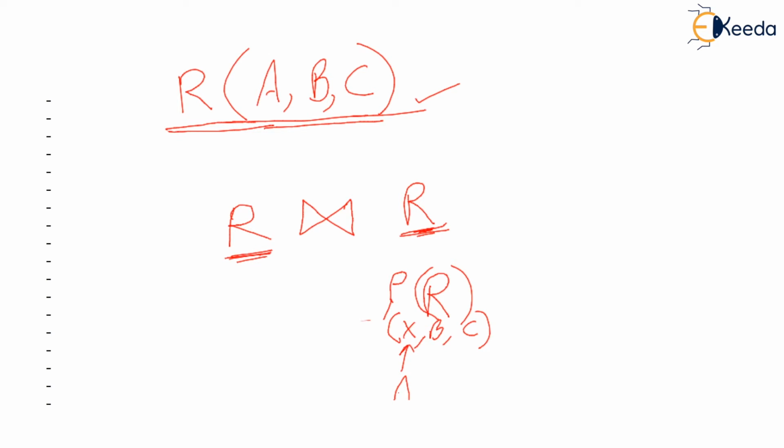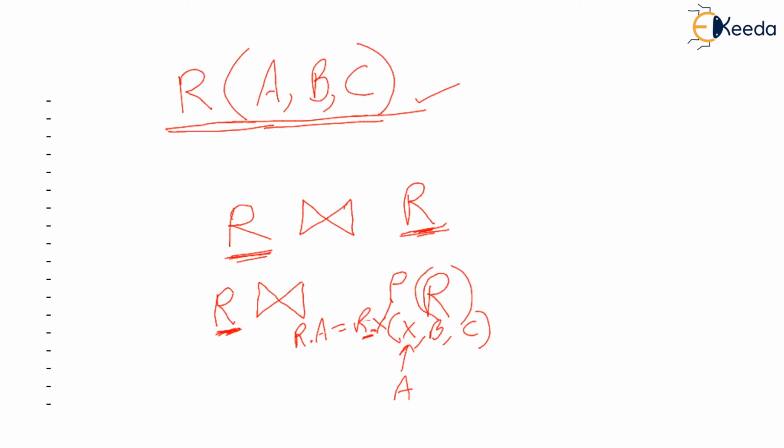So this left hand side R has column names A, B, C itself. And now you join them. After joining, you can write R dot A. Now it is understood that R dot A here means the left hand side A, isn't it? Equal to R dot X, where R dot X is surely X which belongs to the right hand side R.